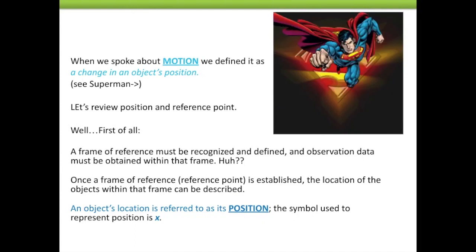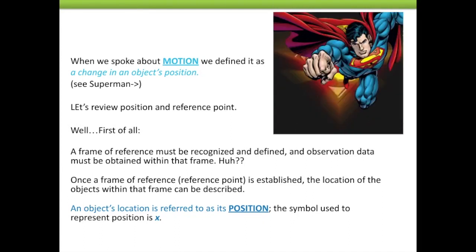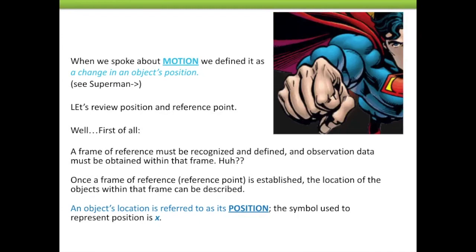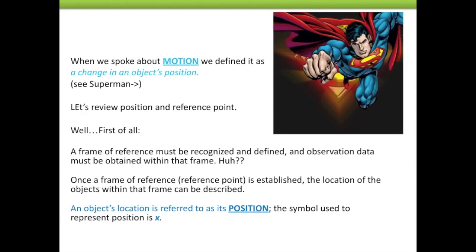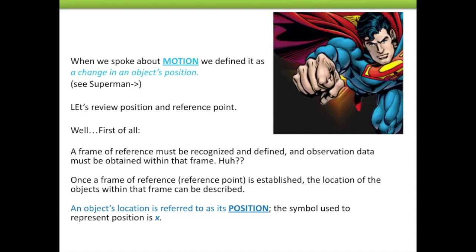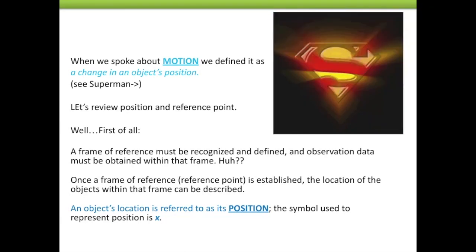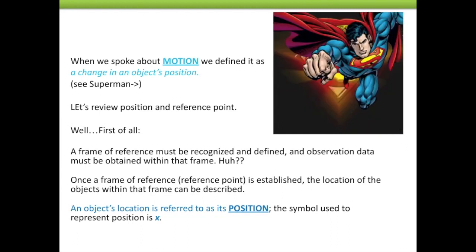He starts off back towards the symbol, and as his motion changes, his position changes, he gets closer to us in reference to the symbol. So remember that a frame of reference must be recognized and defined, and observation data must be obtained within that frame. Okay, well, what does that mean?